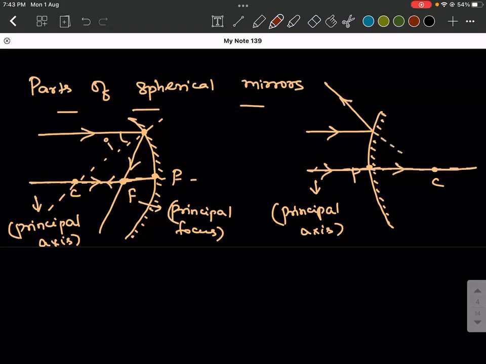So when I join these two, then this will be the focus. So for a concave mirror, you have a real focus, whereas for a convex mirror, you have a virtual focus.